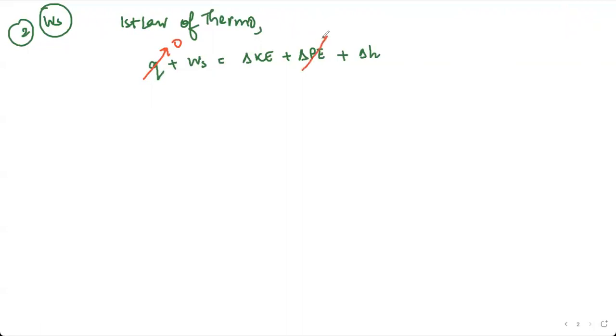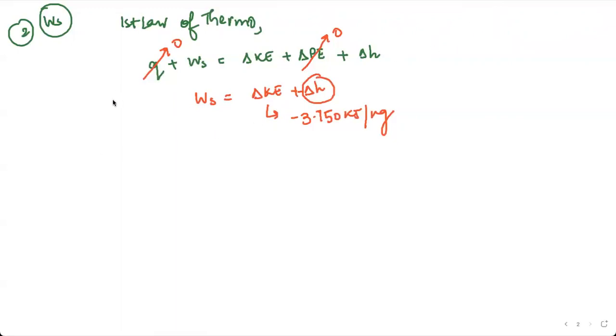Also, there is no change in potential energy in steam turbines. So these both terms will be considered as 0, and the shaft work will be equal to change in kinetic energy plus change in enthalpy. So this is your shaft work. Change in kinetic energy, we have already calculated it as minus 3.750 kilojoules per kg. And delta H is what we need to find out right now.